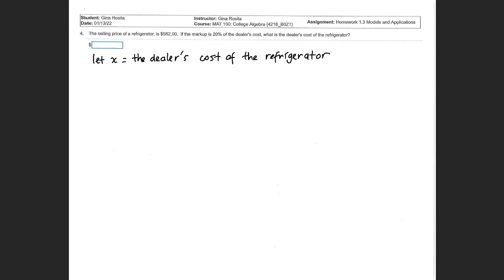Now look at the question. If the markup is 20% of the dealer cost, it just means x plus 20% times x equal 582.